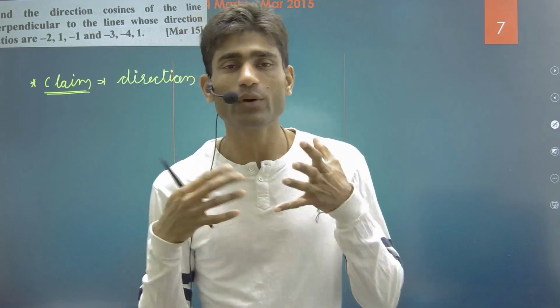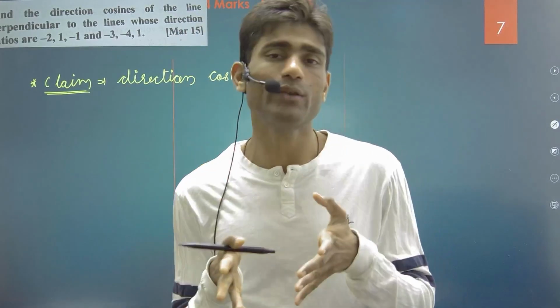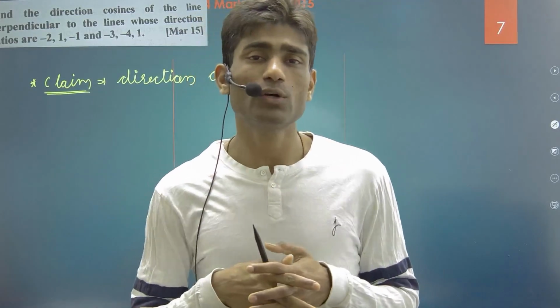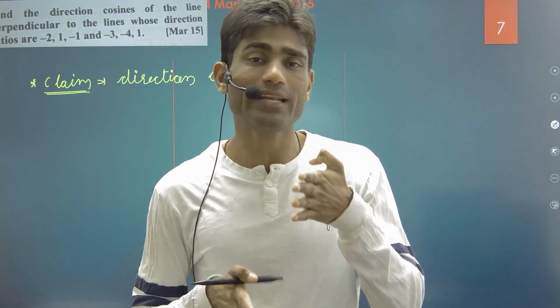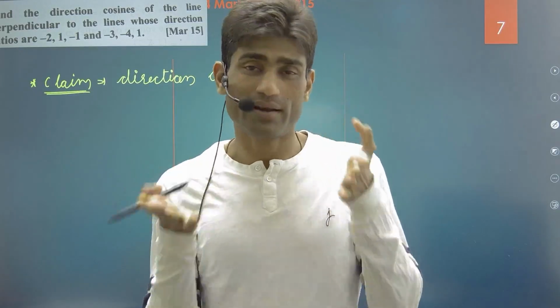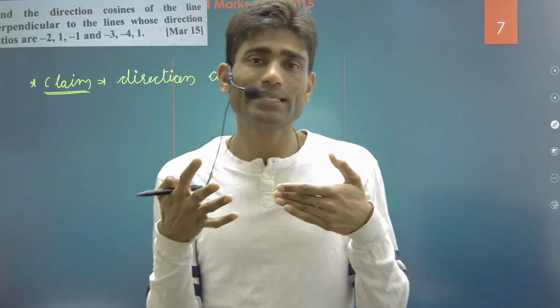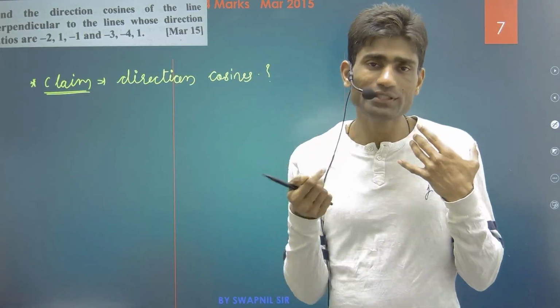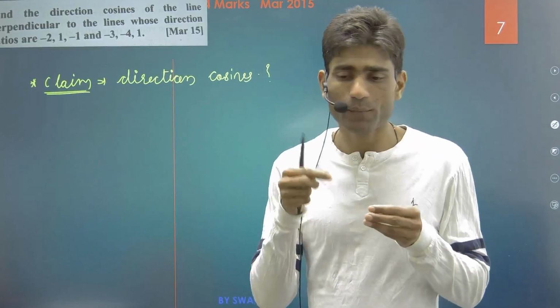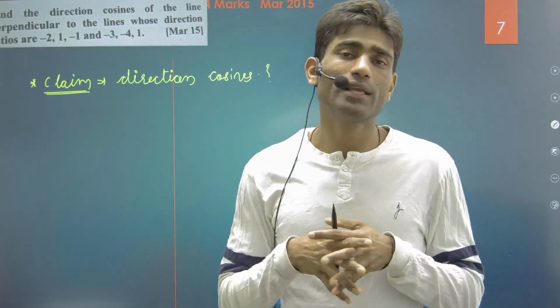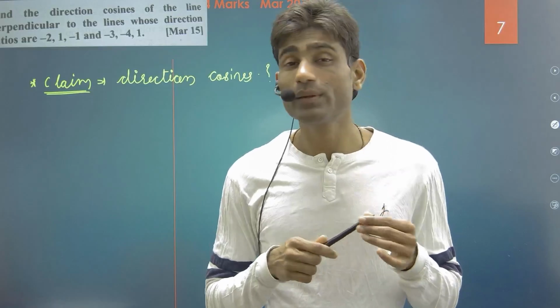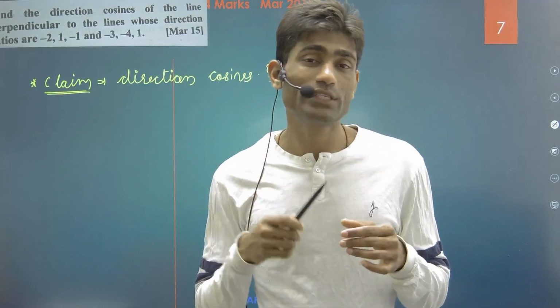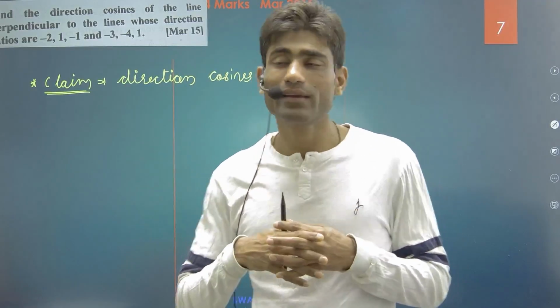As in our previous example, we took one line which is perpendicular to two other direction ratios. In such a case we used one important result, A upon the determinant of B1 C1 B2 C2, and a similar result we have to apply in this example.